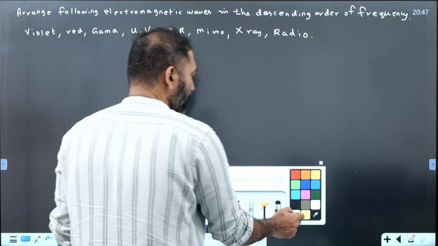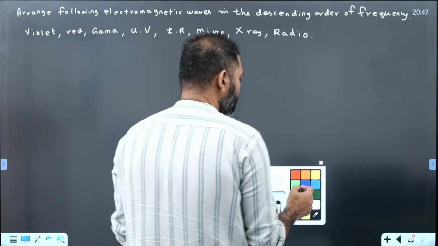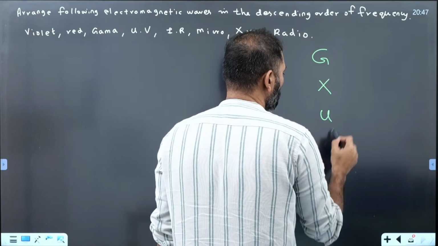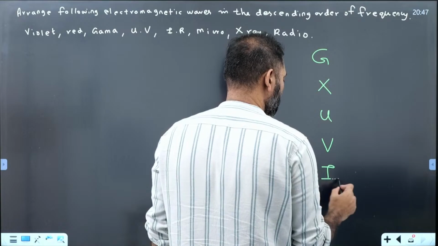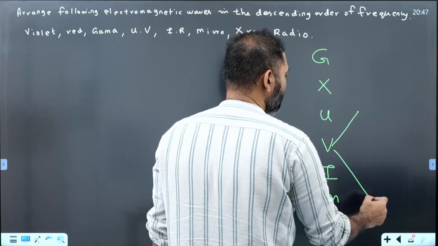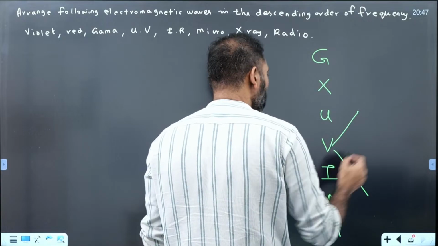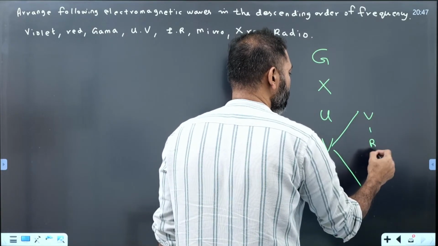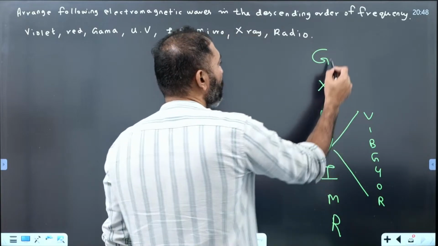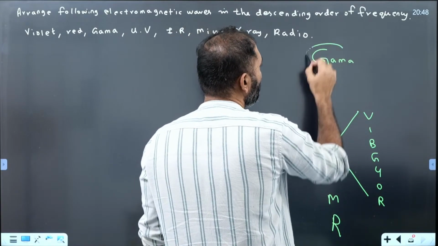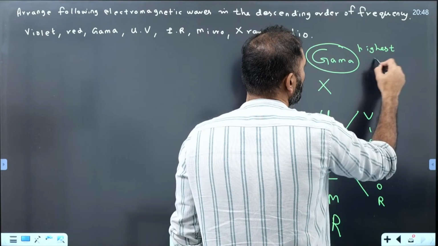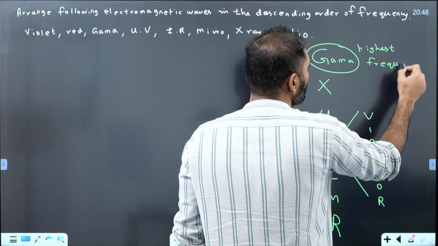See, I told you there is a shortcut for that. What is that? GXU Vimar. What is this V? Visible light. Inside visible light, what we have? VGO. Gamma rays are having the highest frequency.